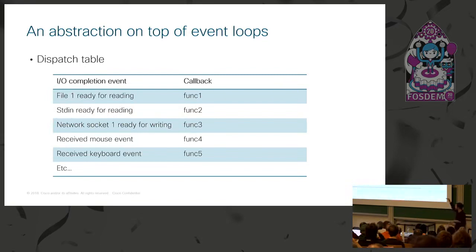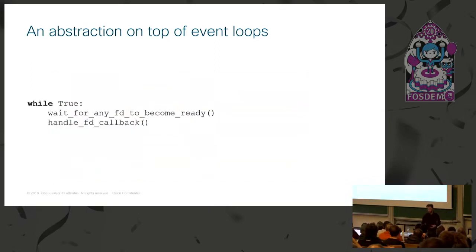Like, for instance, when a network socket becomes ready for reading or writing, when you receive mouse or keyboard events, these are events, and then you specify a callback that will execute when that event happens. And that's literally this while True. So you wait for a file descriptor to become ready, the file descriptor maps to an event, and then you call the corresponding callback, and you keep doing this in a loop.